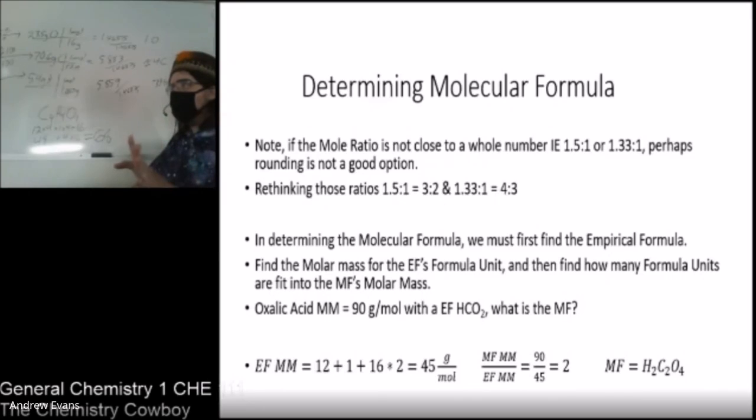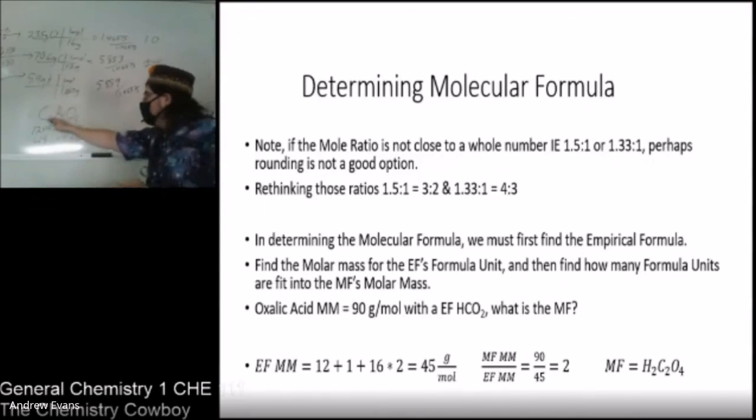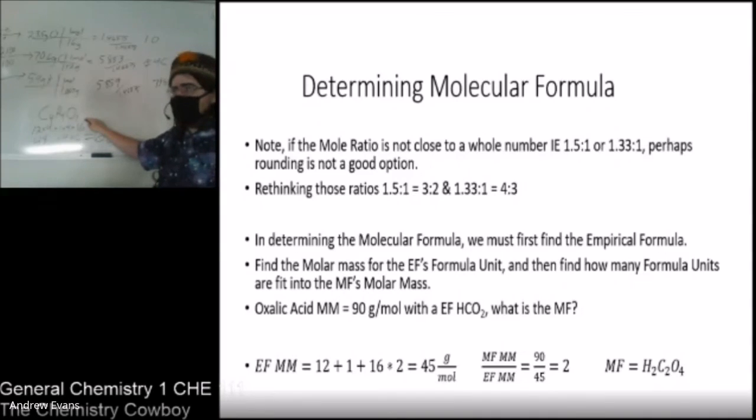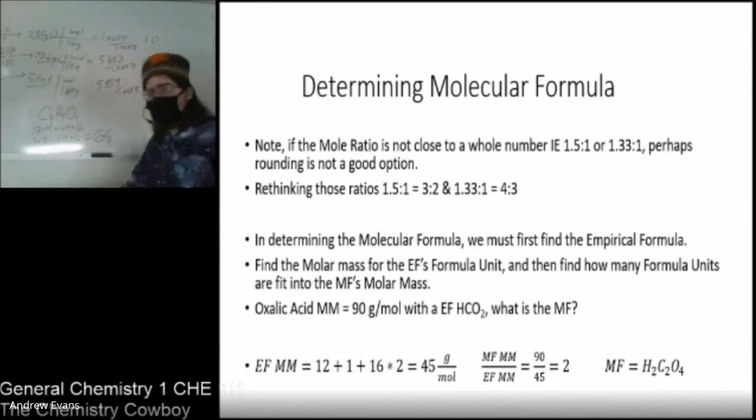No matter what, your empirical formula should evenly divide into your molecular formula. If you've done it right, they should always be an even perfect division. So if I made this C4H5O, that would be 69. 69 would not divide into 136. And so you would know, oh, I have one too many.